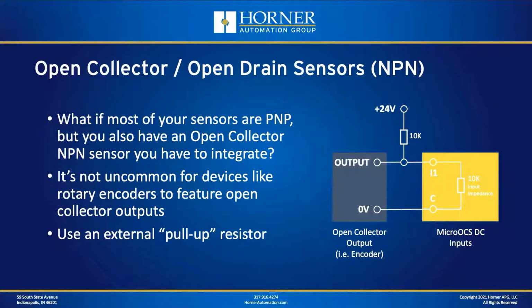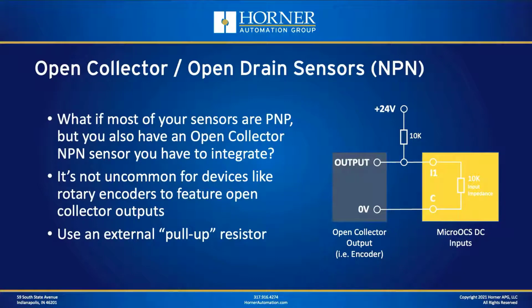And I have the OCS input circuitry drawn on the right. You can see inside that orange box, there is a 10K input resistance that's internal to the OCS circuitry. And then you also see connected to 24 volts there at the top center, an external 10K pull-up resistor. That is something that the user or application engineer does have to add.